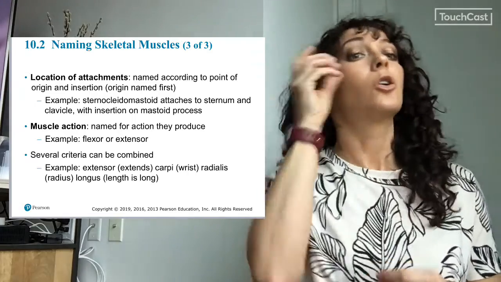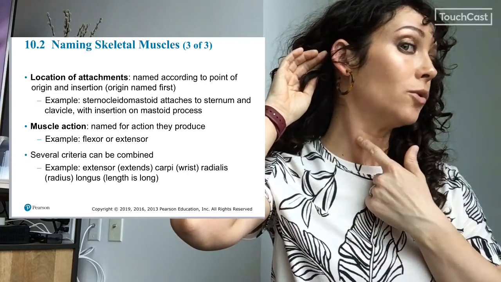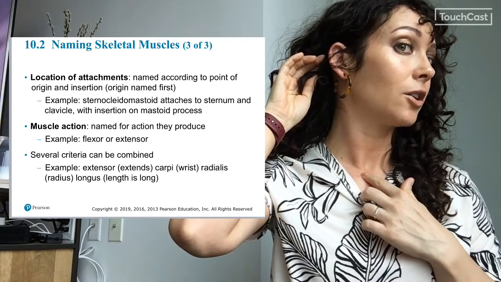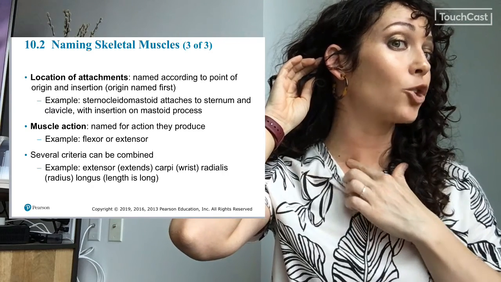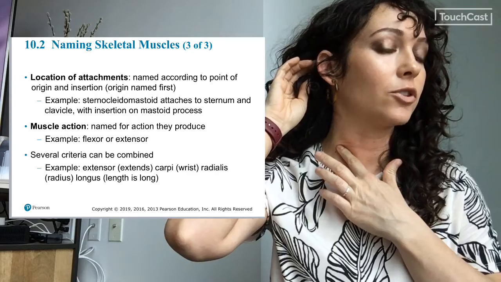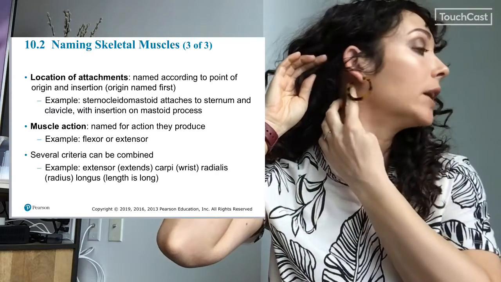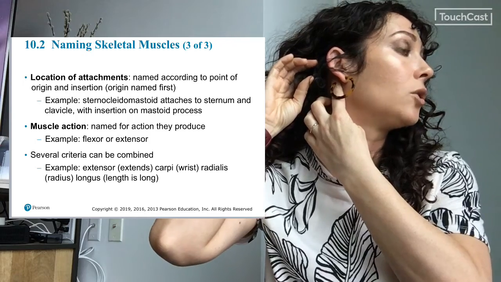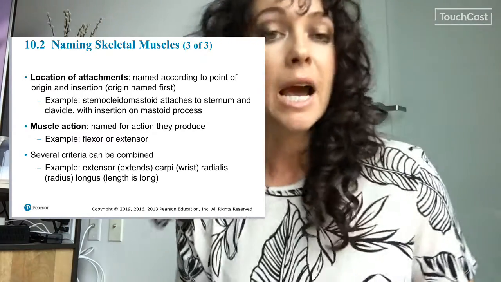So the sternocleidomastoid muscle is right, ooh, there we go, that guy right there. It's going to start on our sternum. It's going to cross our clavicle, the cleido, and then finally it's going to insert on the mastoid process, which is the little projection right behind your ear.